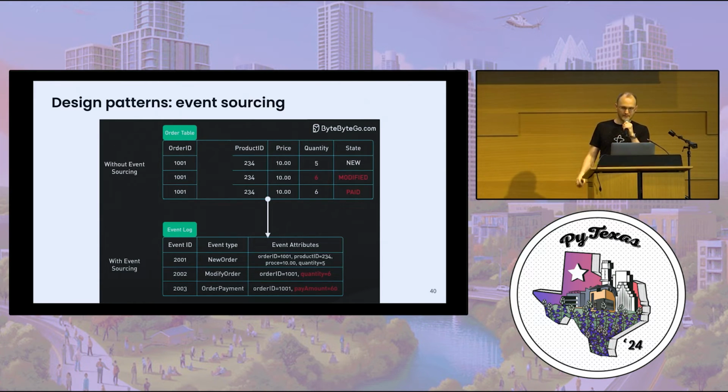But some benefits that event sourcing gets you is that you have a complete visibility or audit log of what happened to this business object in the past. And you can also replay to any point in time to see what the state of the world was. Most durable execution systems are implemented with event sourcing under the hood.